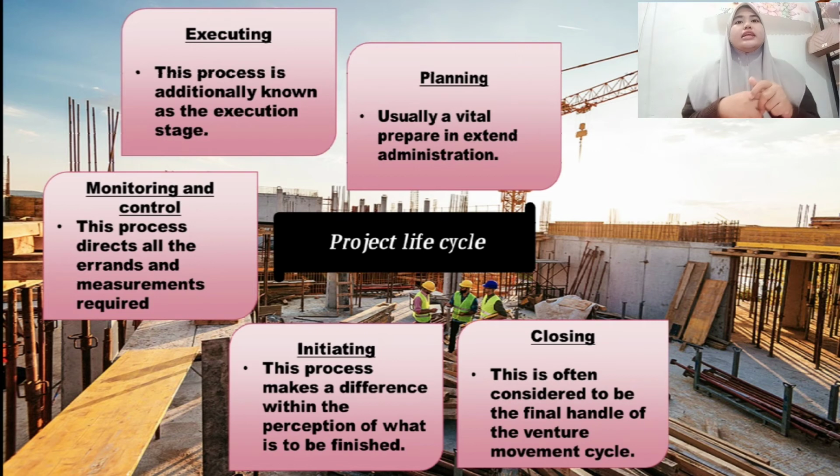The arranging is where the extent plans are achieved. The extent deliverables and prerequisites are characterized, and the venture plan is made. It involves making a set of plans to assist direct your group through the execution and closure stage of the venture.